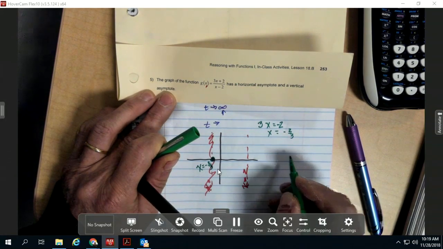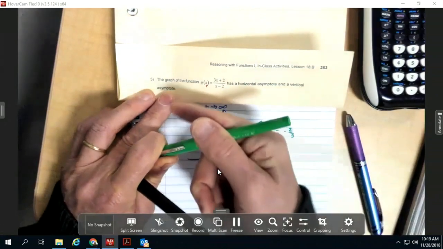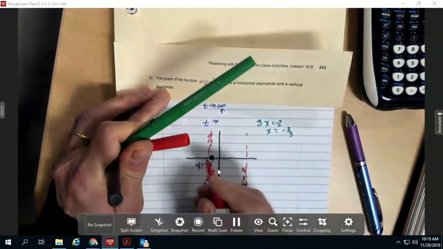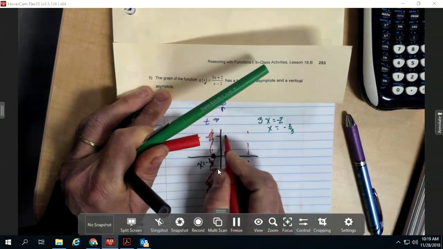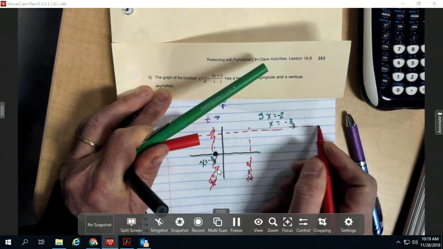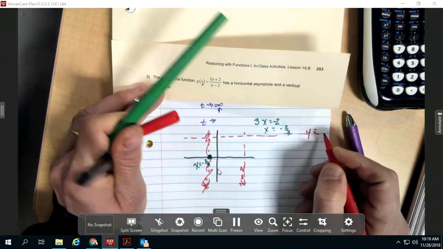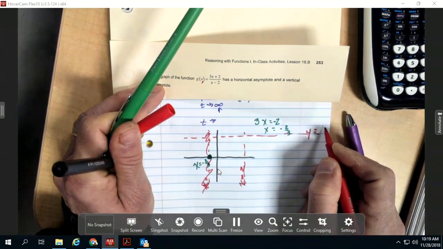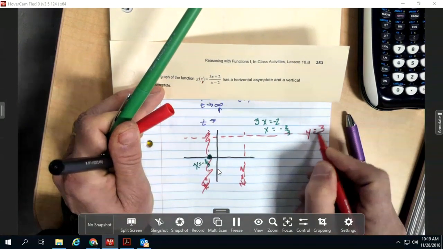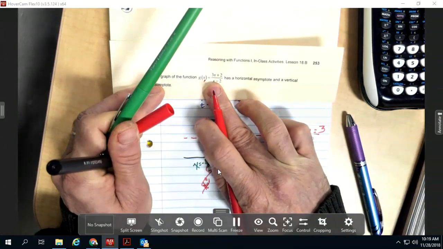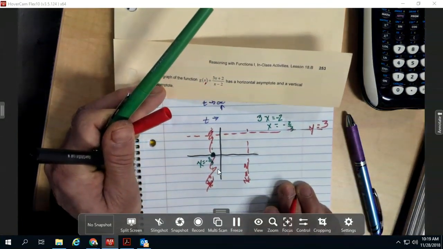Horizontal asymptote at y equals 3. Take the numerator coefficient divided by the denominator coefficient.